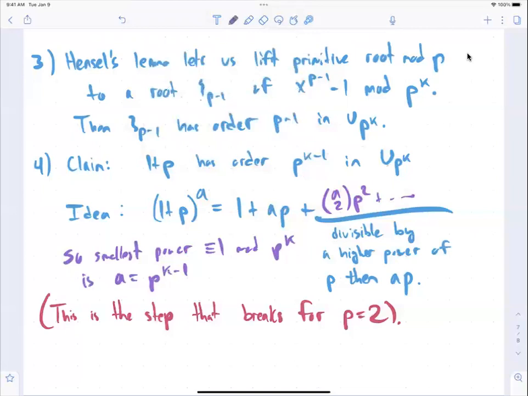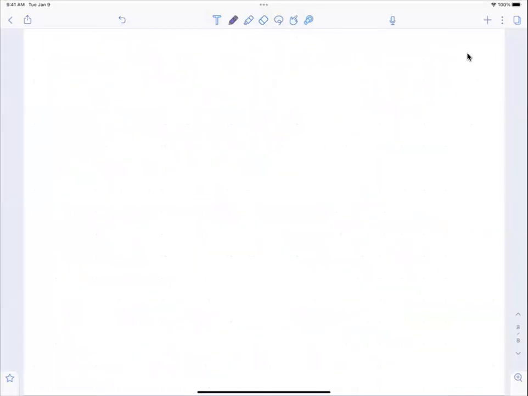And so our primitive root is just zeta p minus 1 times 1 plus p. So for example, let's do an example.